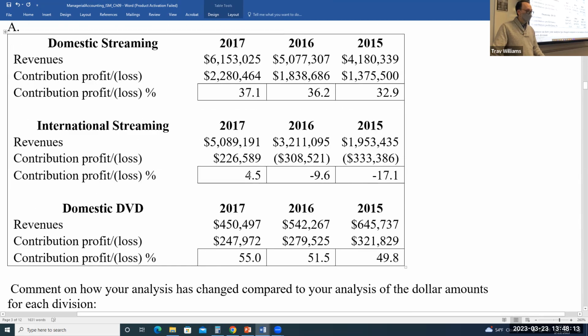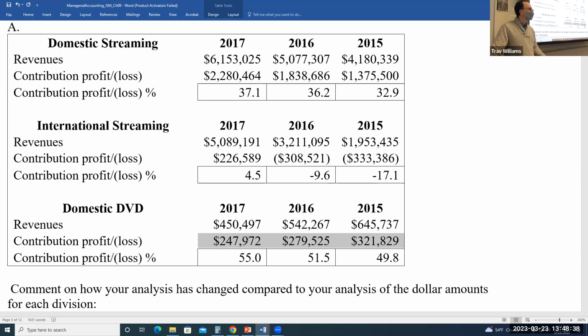Okay. If we had only looked at the dollar amounts, yeah, we see growth here. Oh, actually, I'm sorry. If we looked only at the profits, okay, we see growth. We see growth. Oh, here actually, their profits are going down. That's interesting.